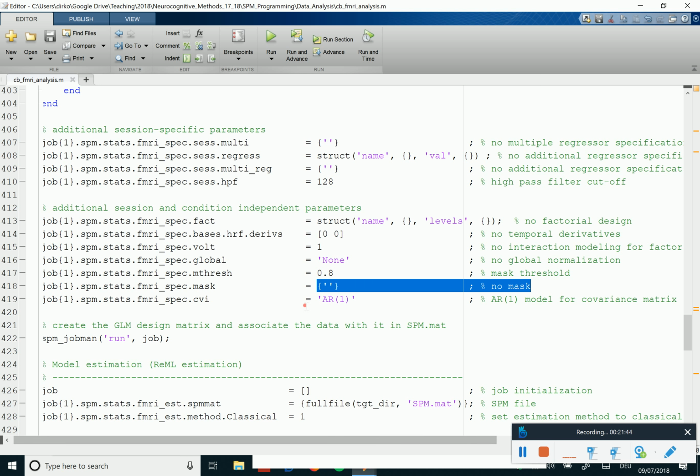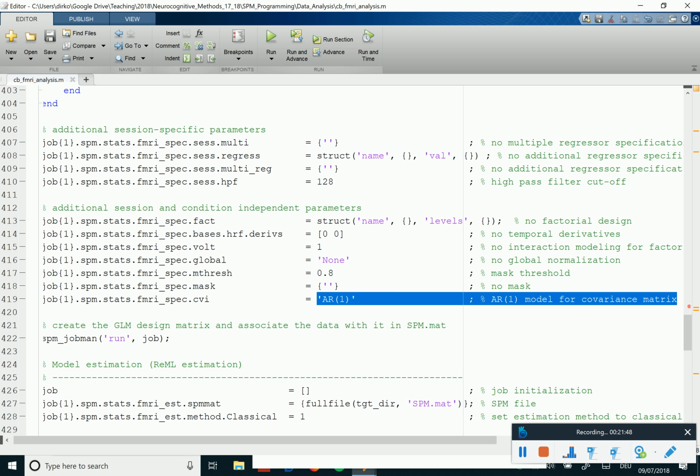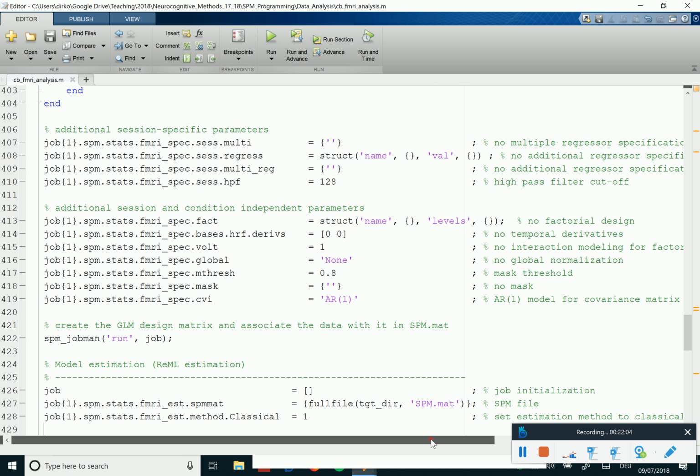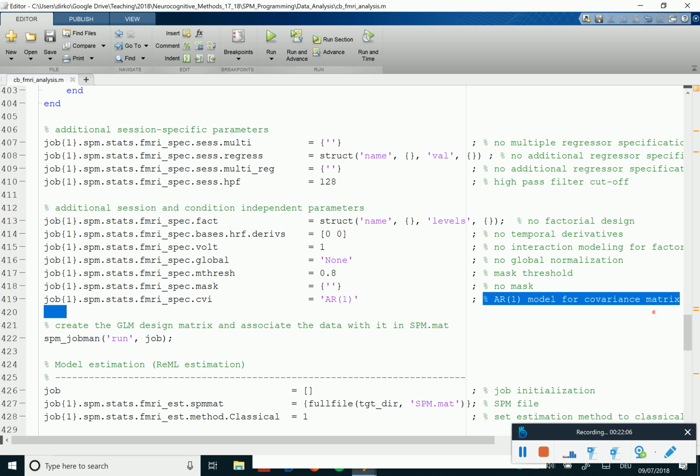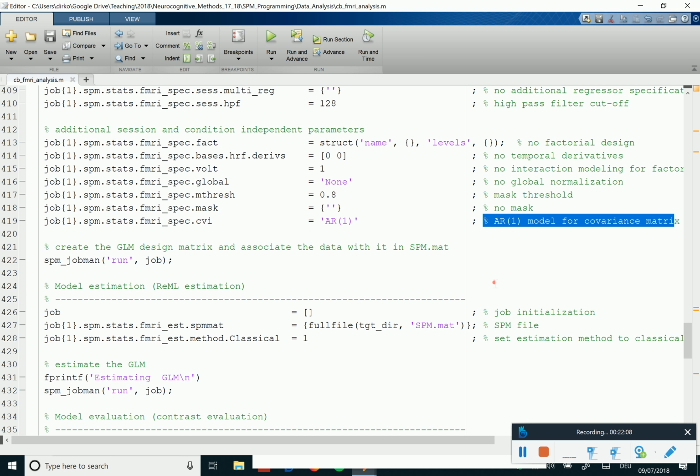And then the covariance component parameters are modeled in what is called this AR1 model, which is not an autoregressive one model, but it corresponds to the covariance matrix that is similar to what an autoregressive one model would do. Again, details in terms of model formulation for the GLM you can find in my book, which is not available yet.